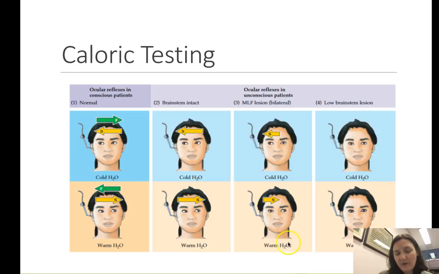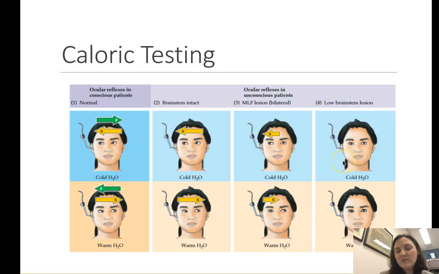Same thing in the other eye. So if it's a bilateral lesion, the signal going to the lateral rectus is fine, but the signal going to the opposite medial rectus is dysfunctional. So they will have only the slow phase of slow movement of one of their eyes.